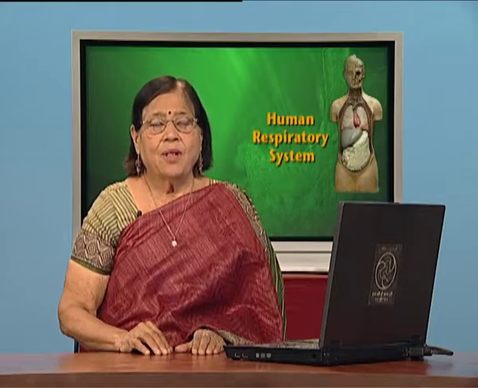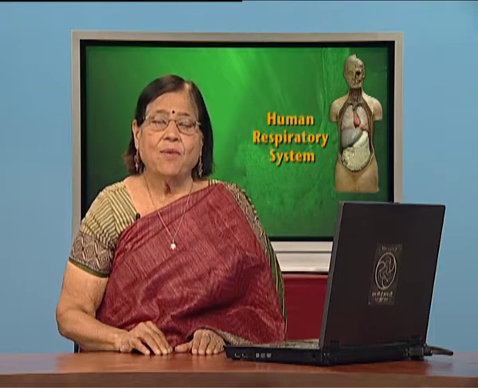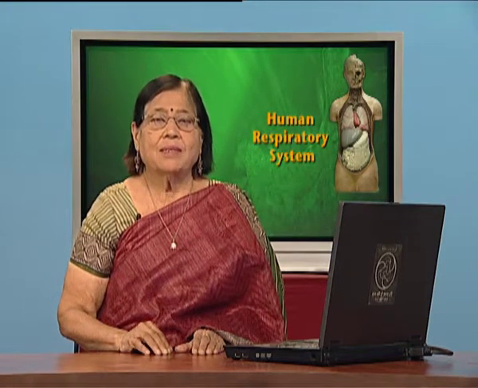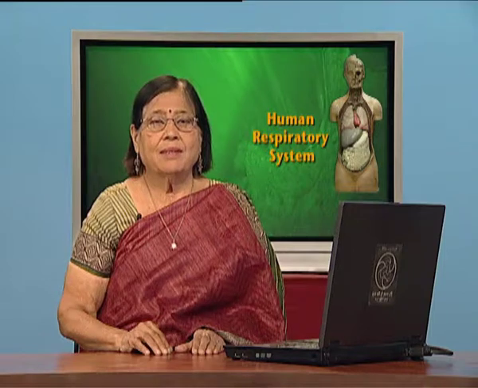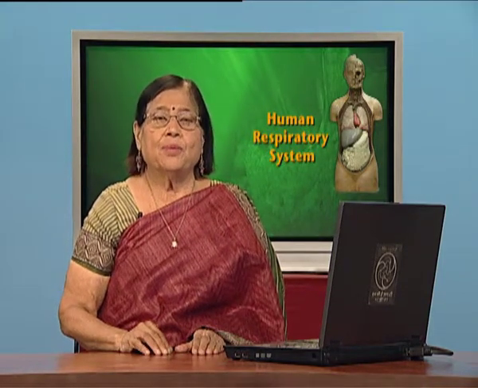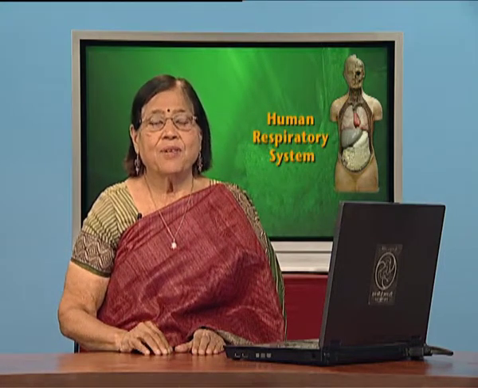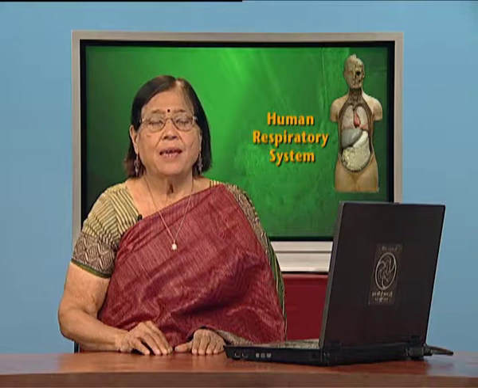We have also discussed breathing and respiration, which involves the nostrils, the air passages, then the trachea dividing into two, then there are two lungs with finer divisions called alveoli.